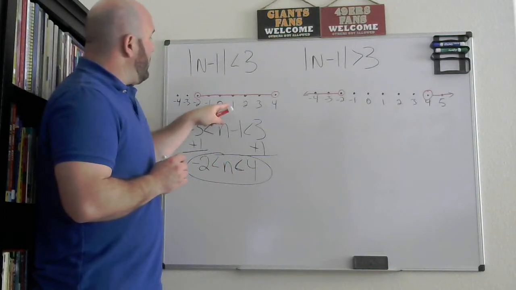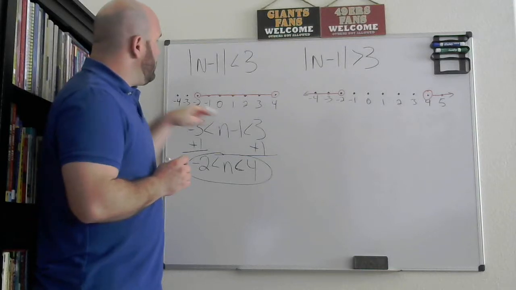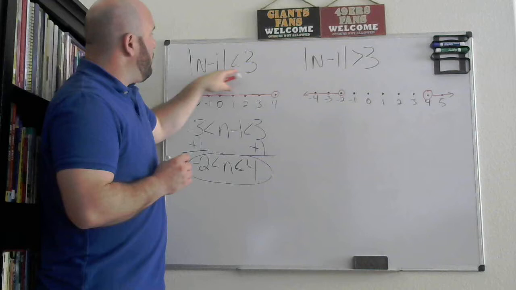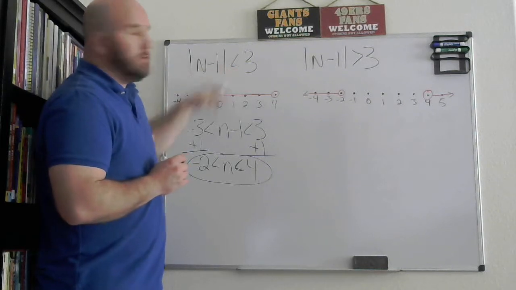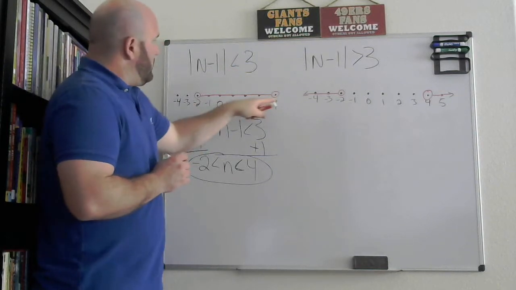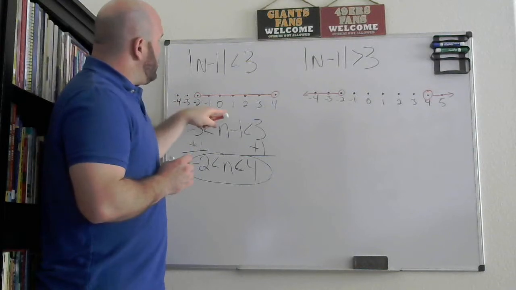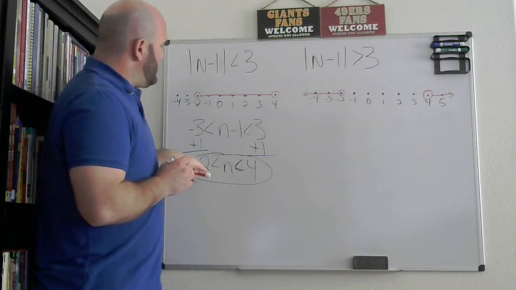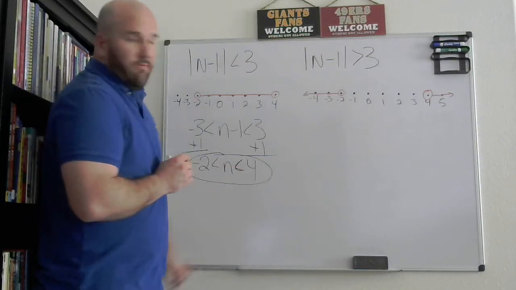And if we look up at the number line, we see negative 2, 4. We've got our open-ended dots. Why? Because this is an inequality. It's not less than or equal to. It's just less than. So the answer is any value of n that is greater than negative 2 and less than 4.